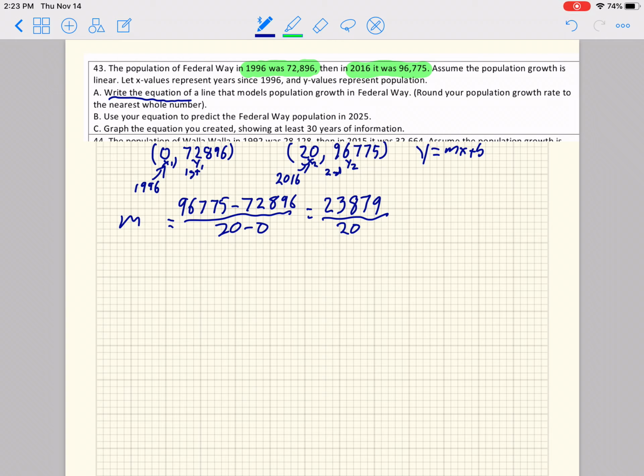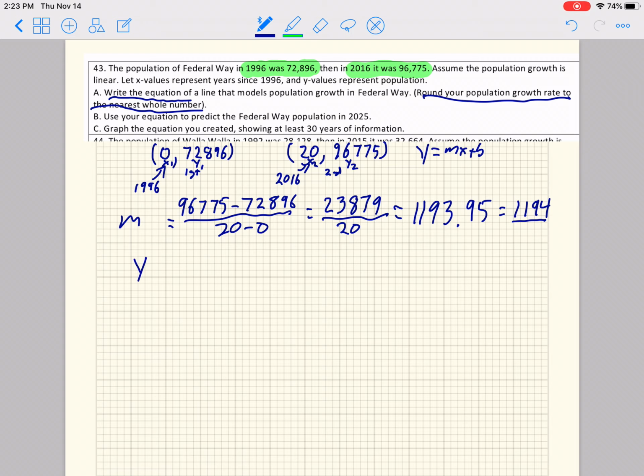And so I'm going to go ahead and do that division. 23,879 divided by 20. And the answer is 1193.95. I'm going to go ahead and round that answer. It says round population growth rate to the nearest whole number. So I'm going to round it to 1,194. And so basically that's our estimate of by how many people per year the population grows in Federal Way.